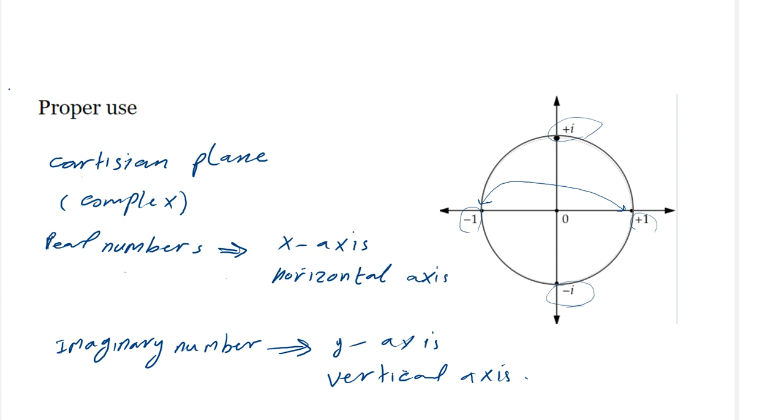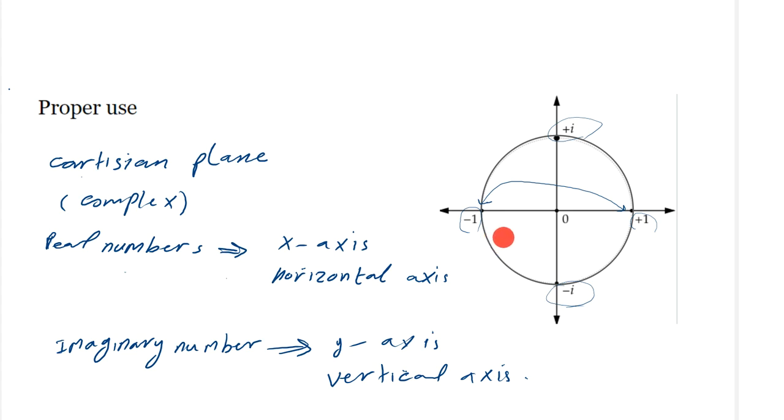So the radical sign notation is reserved either for the real numbers, the principal square root function, which is valid for the positive numbers, or for the complex system numbers.